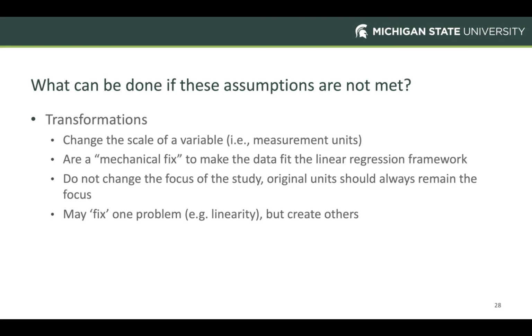For example, if we were to log one of our variables, we could determine the parameter estimates and then exponentiate those results back to determine the change on the original unit of measurement. One concern is that we may fix one problem, such as a nonlinearity, but that could introduce concerns about constant variance, or vice versa.